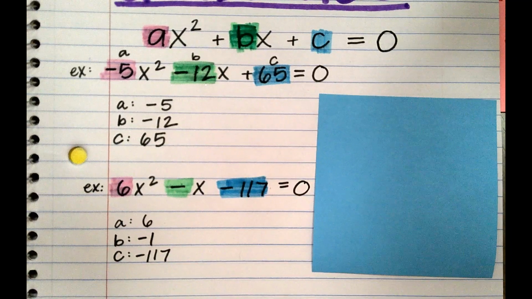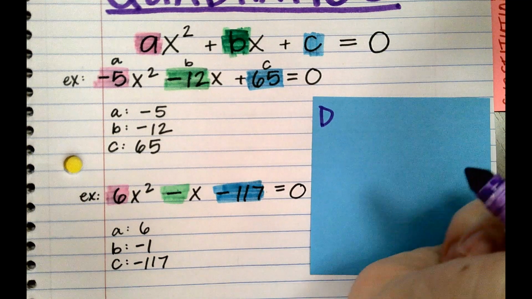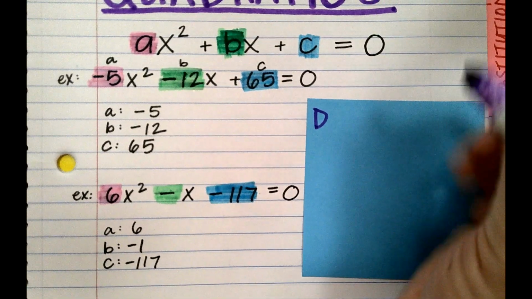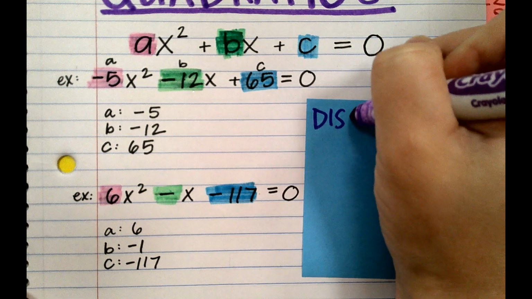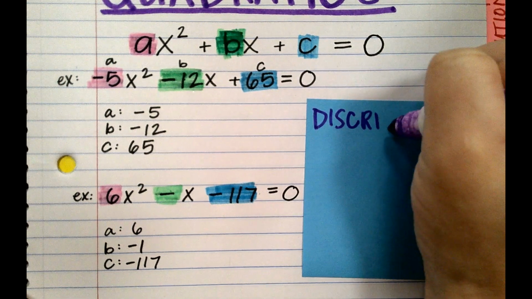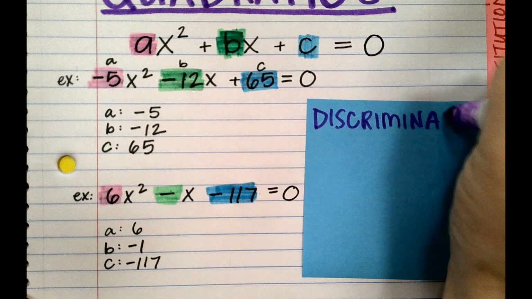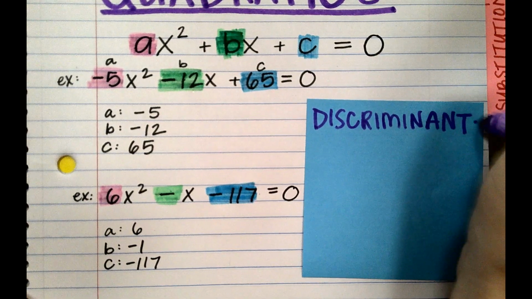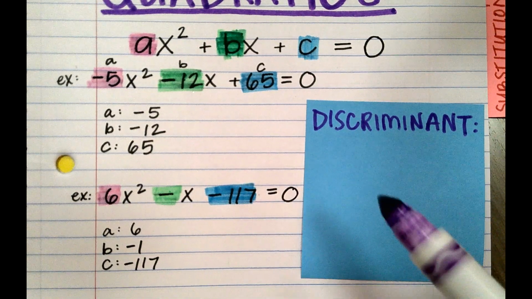I'm going to give you a formula, and this formula is called the discriminant. D-I-S-C-R-I-M-I-N-A-N-T. Discriminant.